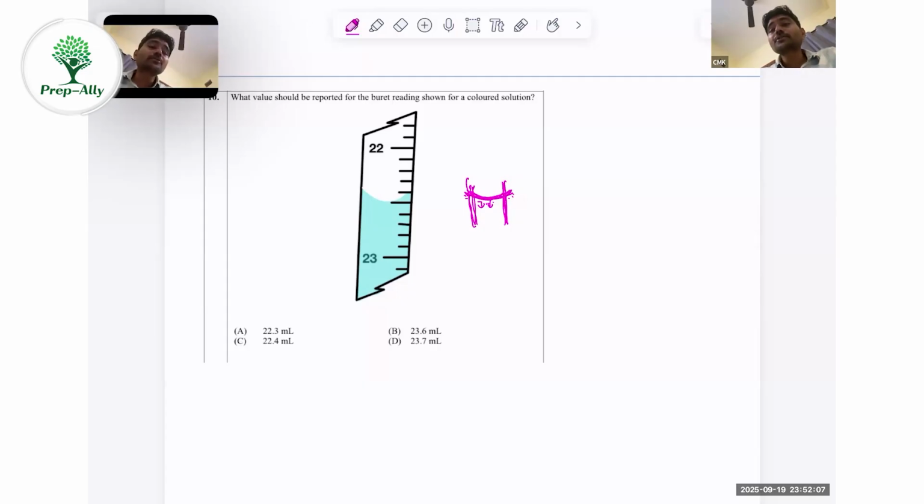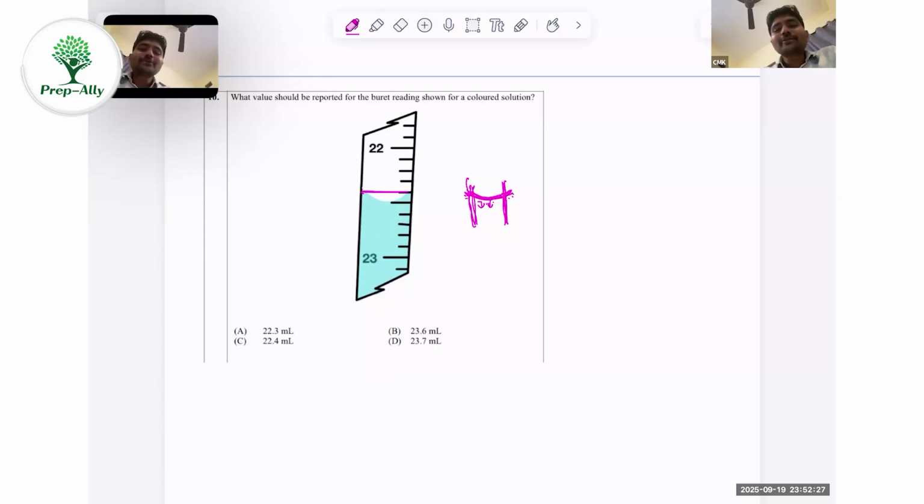Whenever we take normal water or transparent solutions, we always take the lower meniscus. For colored solutions we take the upper meniscus. This is due to the reading.